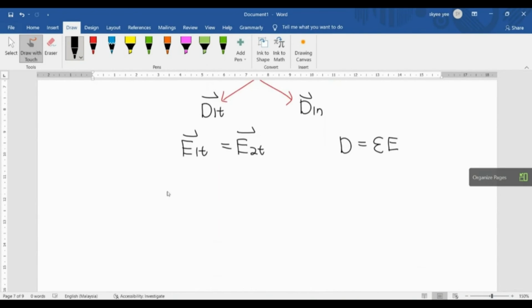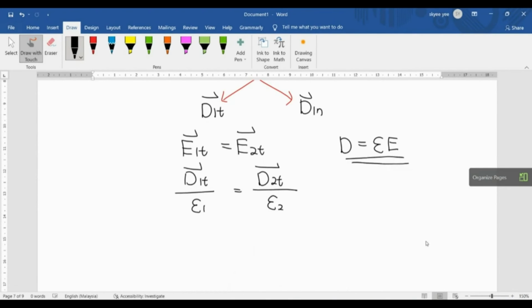E1T will be equal to D1T divided by epsilon 1, and E2T will be equal to D2T divided by epsilon 2. So this one is from here. Clear?